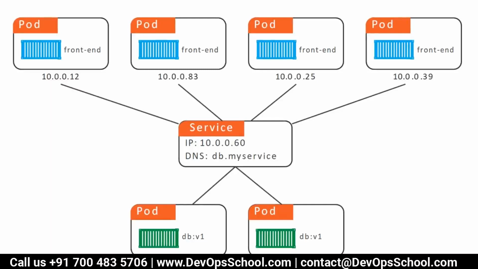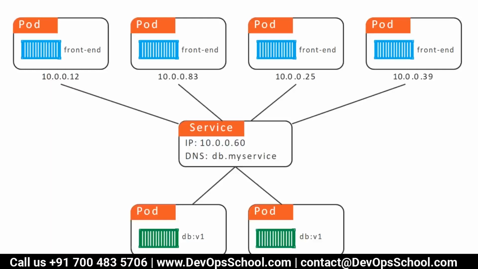Now service is one of the objects which you declare in a YAML file, and service has certain properties. One of the most important properties is that it has the ability to manage and load balance a pod.